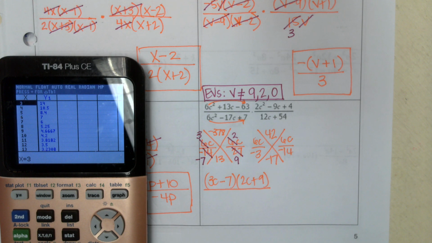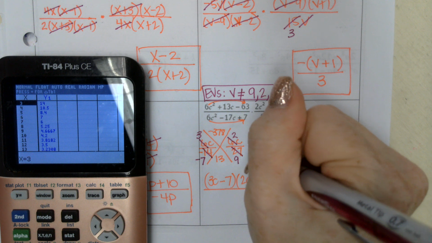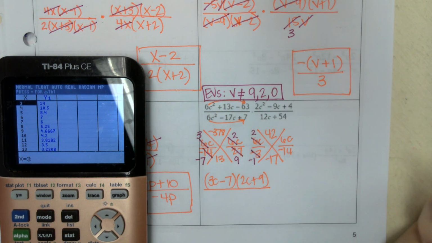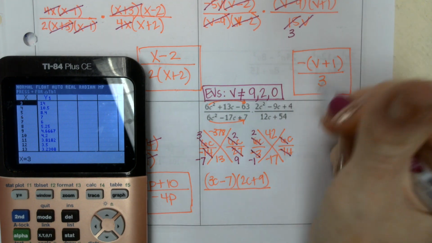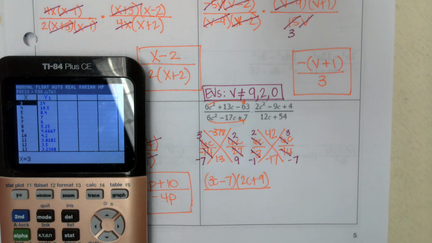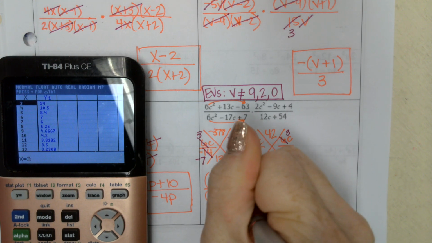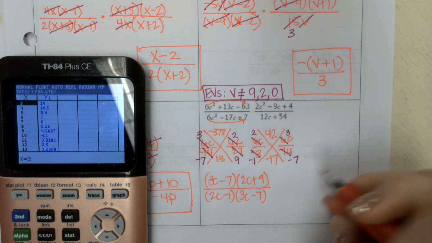Negative 3 and negative 14. 6 and negative 3 have a common factor of 3, so that gives me 2 over negative 1. And 6 over negative 14 gives me 3 over negative 7. So 2c minus 1 and 3c minus 7.